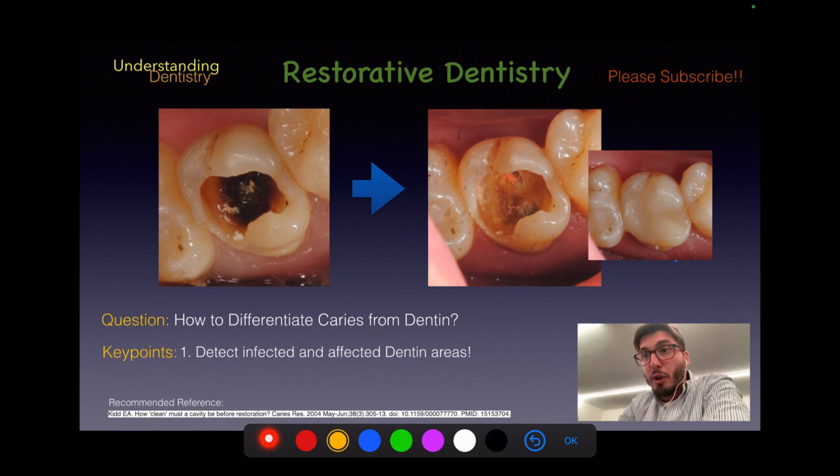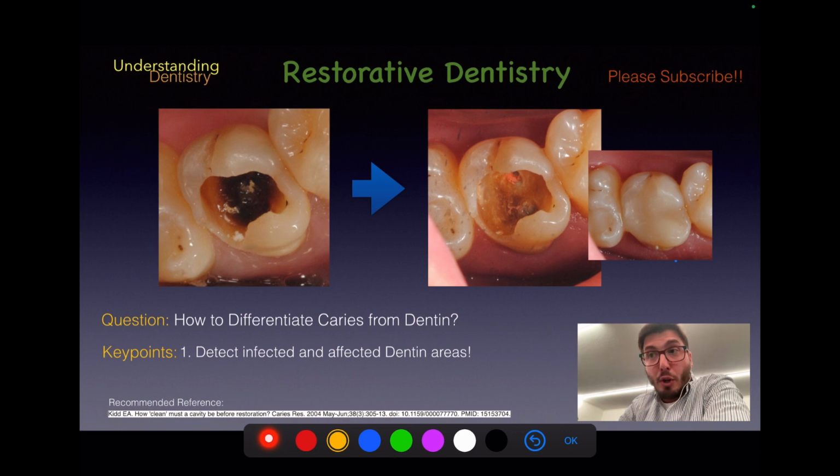So the normal color of dentin would be pale yellow, but then you guys are seeing that in areas like this one, for example, the dentin is darker, and the closer we are to the pulpal chamber, chances are that we are going to find tertiary dentin, and then the color would be a little bit darker, okay? But it's also normal to find different colors, and we are going to talk about the aspects of a healthy dentin soon in this video, all right?